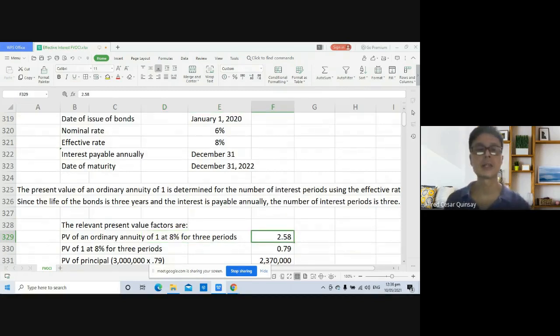Pwede rin gawin yan sa calculator, no? But well, that will be for another topic, no? Pero well, at least given na siya rito. Okay, so for 3 years. And then present value of 1 at 8% for 3 periods is 0.79.